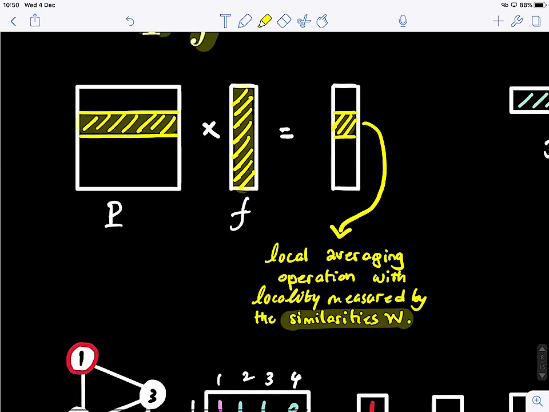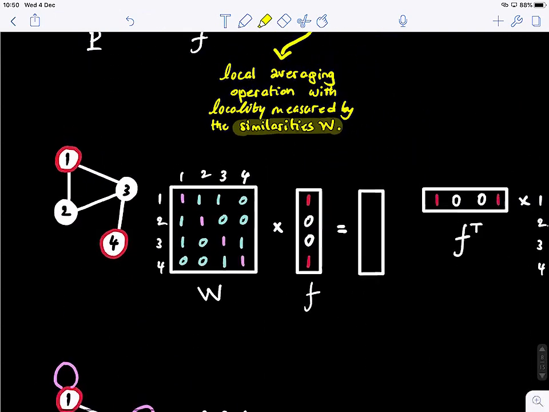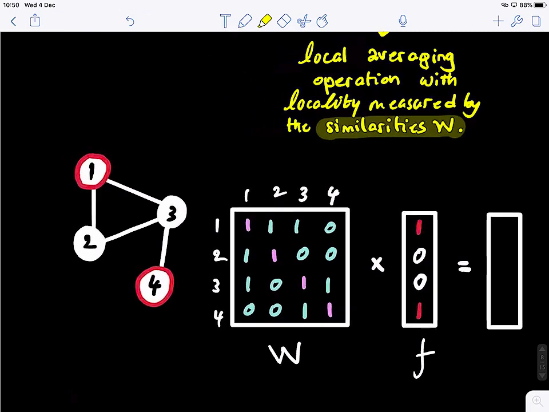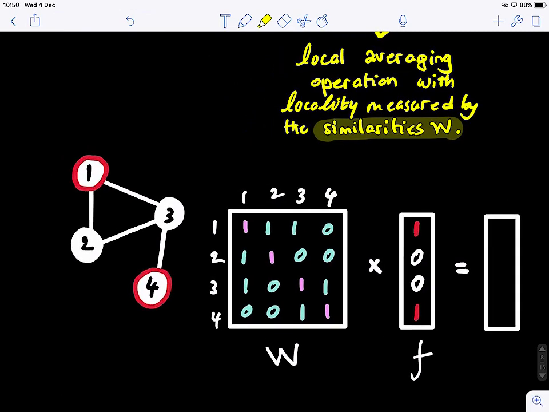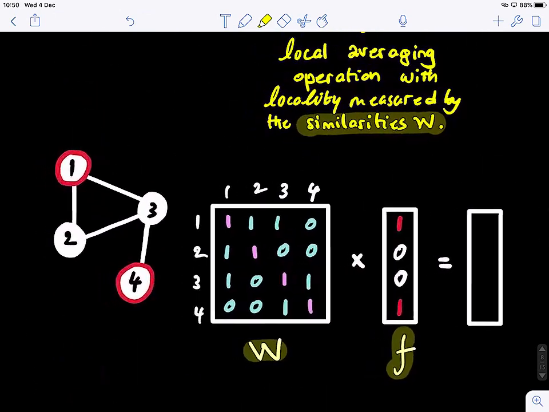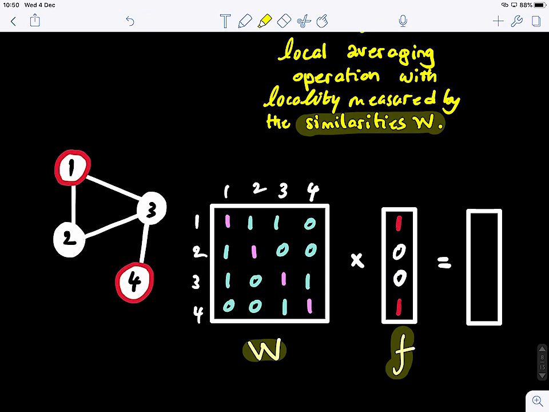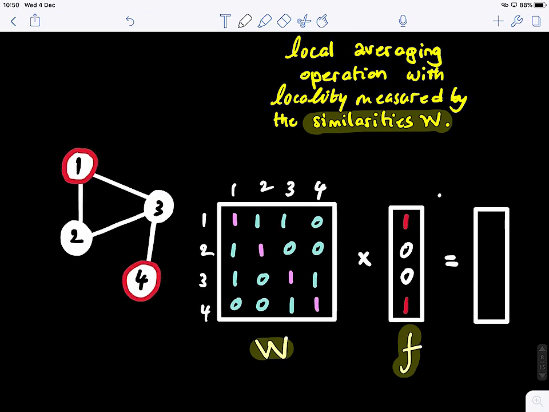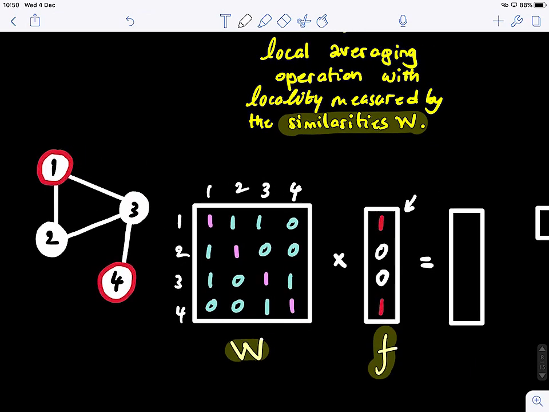Okay, before we go to the other way, let me explain this. So let's do this together. For example, an example here. In this example, I'm taking a W matrix. After that, we'll derive the P from the W. But I would like you guys to do this operation and tell me what is happening. Let's say that F is a label vector. So here, we're labeling the nodes. We have two red nodes, node number 1 and node number 4.